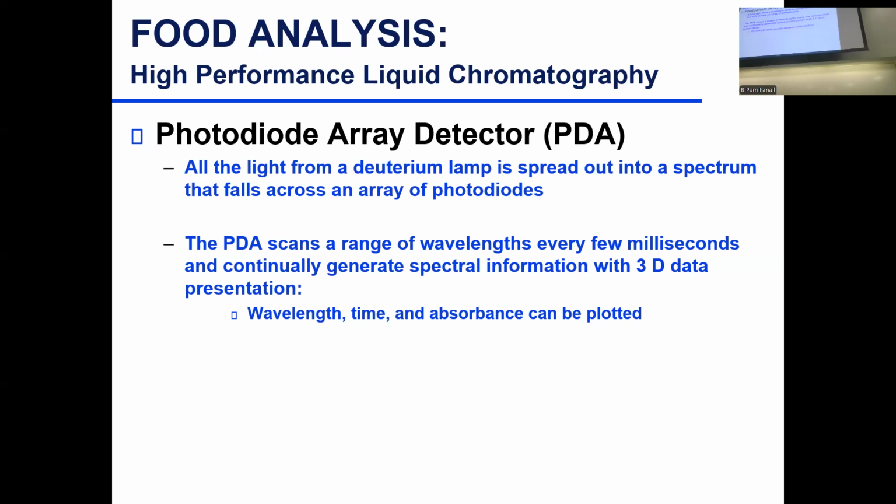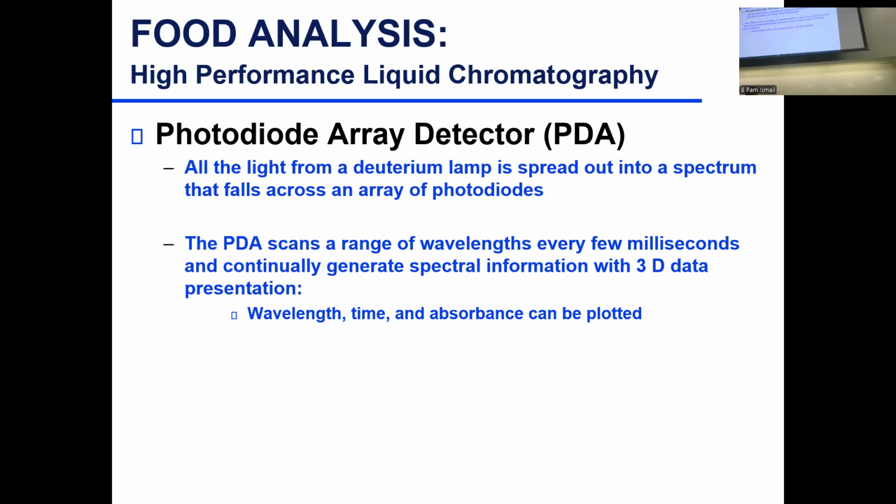So when they get to the flow cell at a particular time point, so you have your lamp. In photodiode array detector, all of the light goes to the sample. Whereas in the variable UV detector, there is something called monochromator.